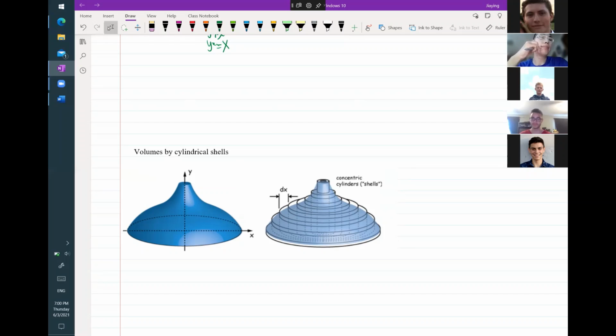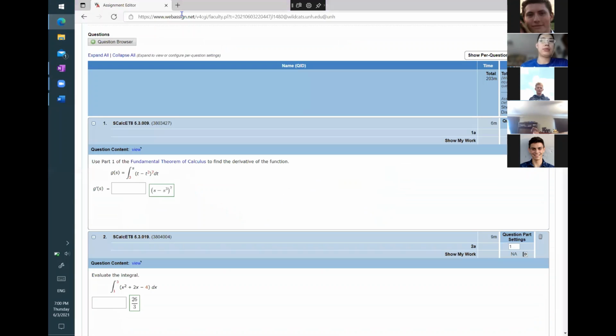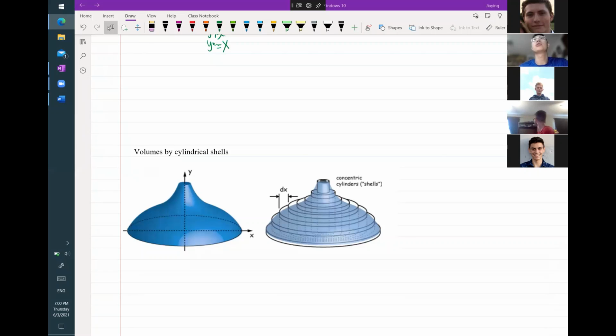Yeah, I guess if we could do one or two of the ones I wasn't able to get on the homework. It was question 6, the integral of e to the cosine 29t times sine 29t.